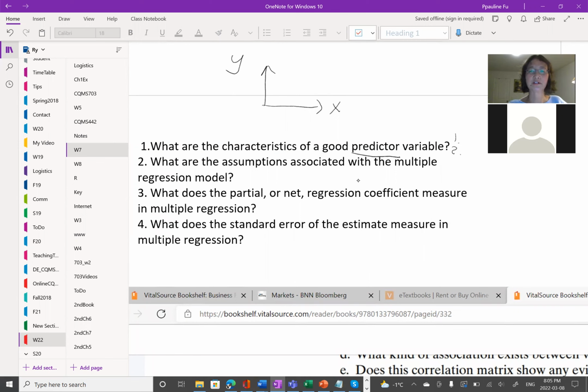Question 2, what are the assumptions associated with multiple regression? The assumptions are that the variable y will be normally distributed. The variance of y is constant.